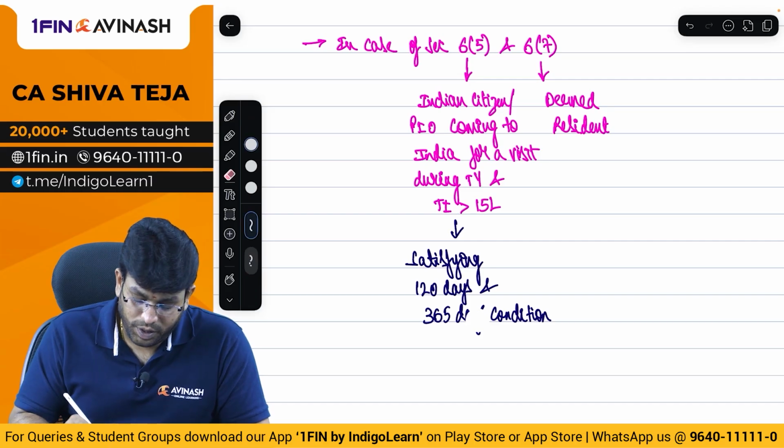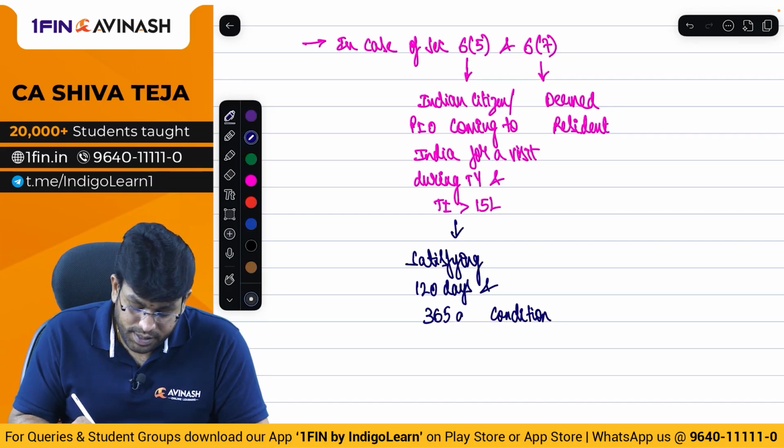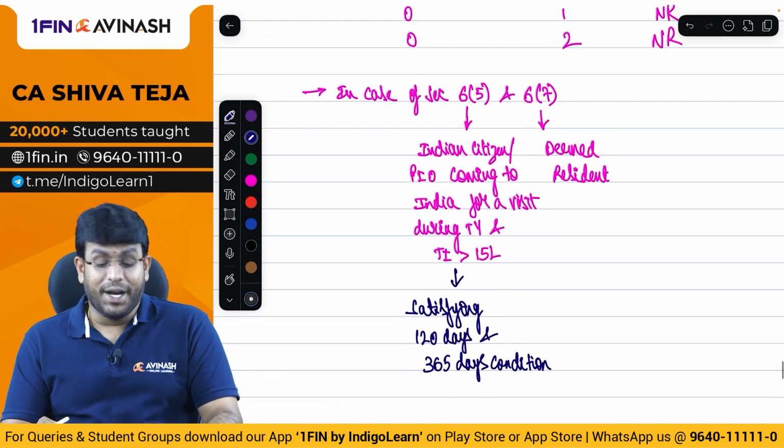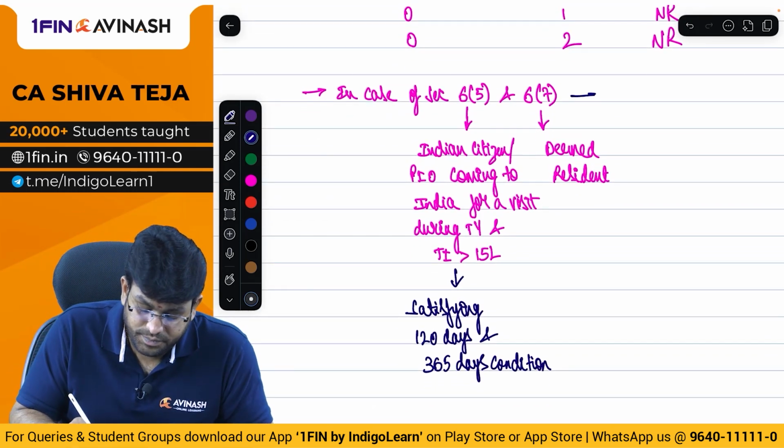Satisfying what, sir? The 120 days and 365 days condition. So this is the 6.5 case and also the 6.7 case.